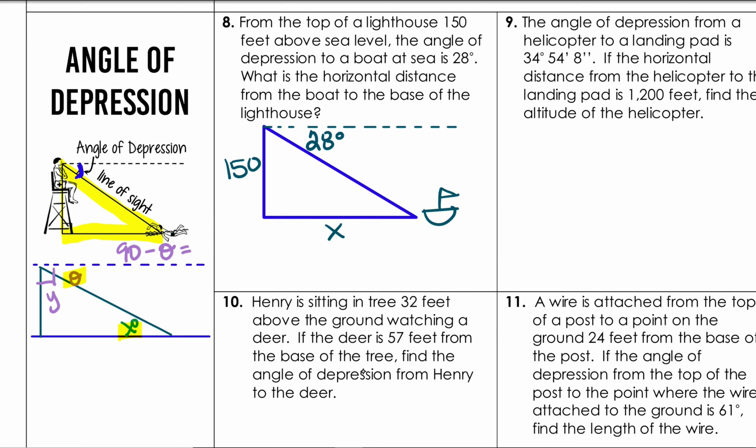So to solve this, you have two methods. You may say, okay, since I know this is 90 degrees, 90 minus the angle of depression will give me the value of this upper right angle. So 90 minus 28 would give us 62.